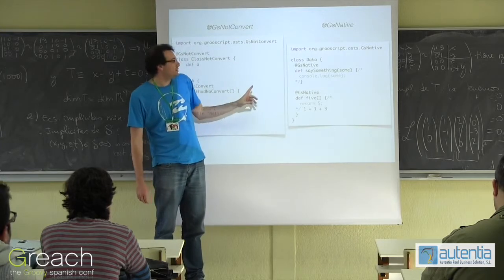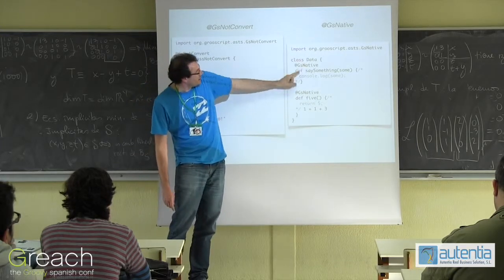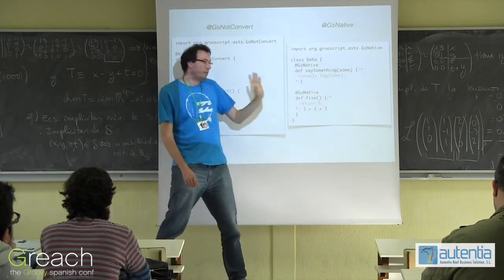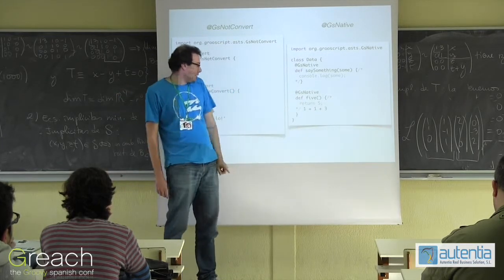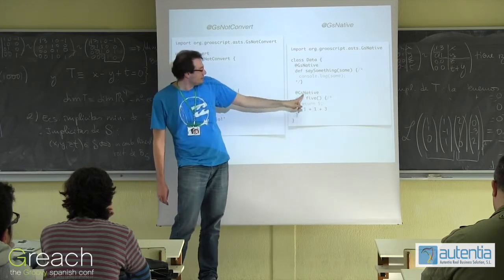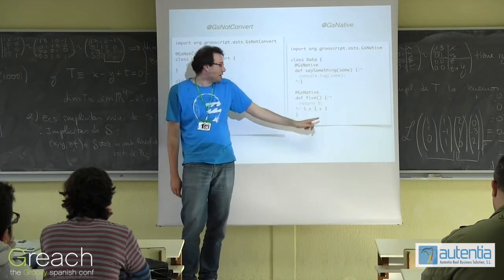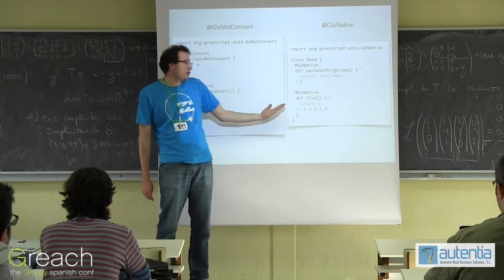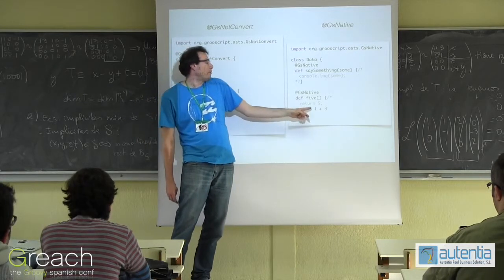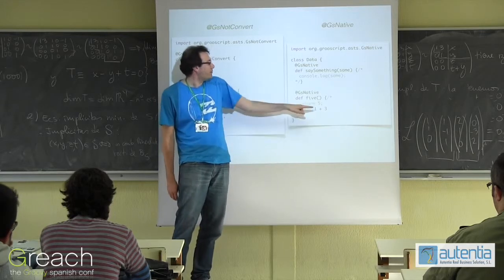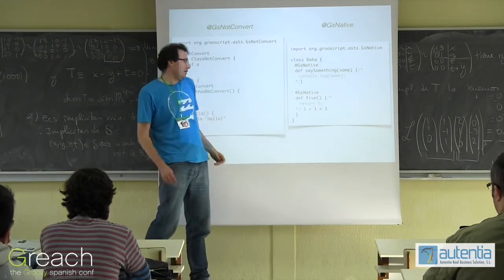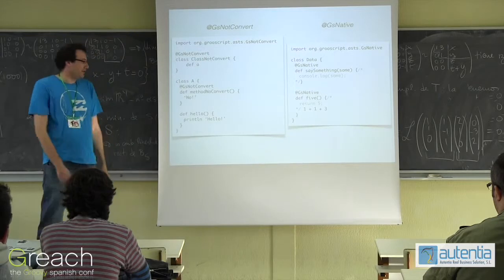So when the conversion is done, this code will be put in the method. For example, we have here, apart from this annotation, Groovy code. This code in Groovy will return 1 plus 1 plus 3, which is 5. But in the conversion to JavaScript, this code will be in your destination JavaScript file.